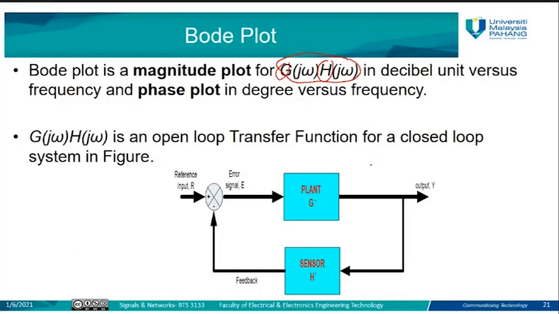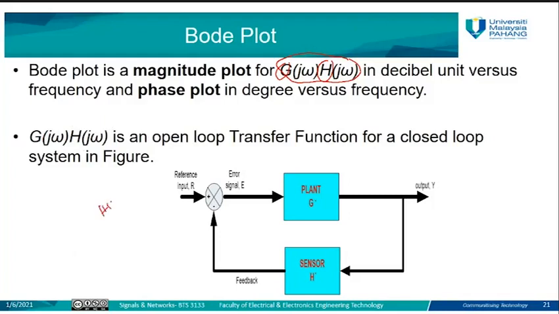Only, because you do not have enough background about the control system, the open loop, the closed loop, just consider that the transfer function for the system will be given. I will give you, for example, in the system the transfer function.